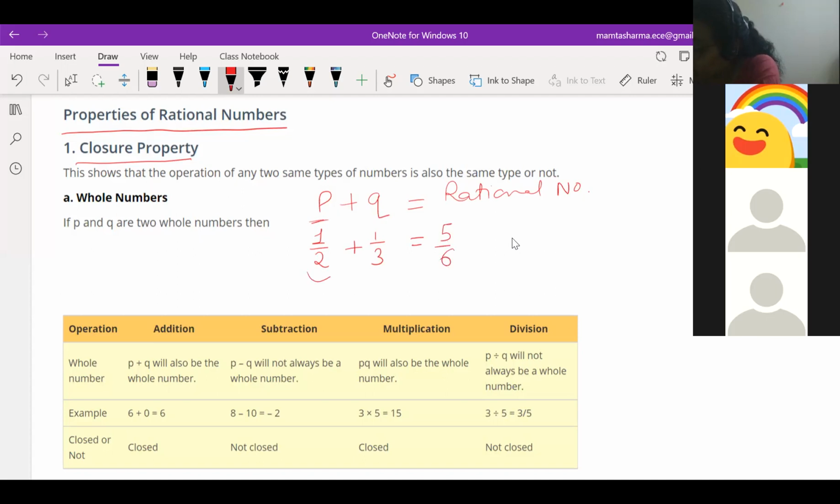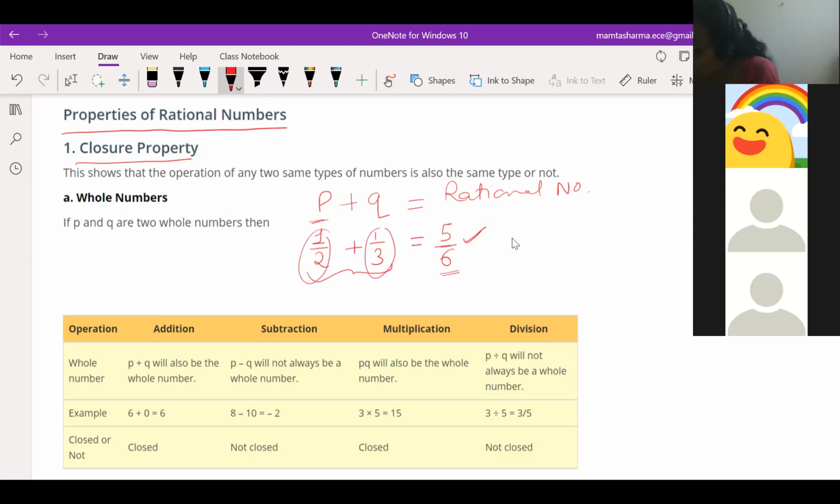Are you able to solve this addition of rational numbers? Take the LCM and then solve it. You will get 5 by 6, which is also a rational number. It means if you add two rational numbers, you will get a rational number in the result.